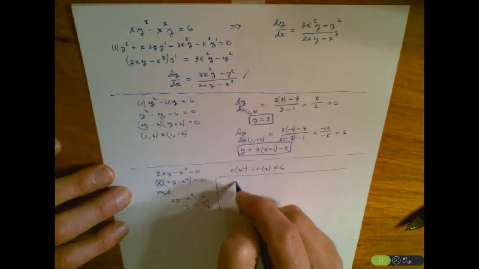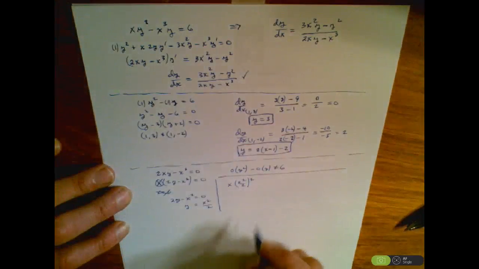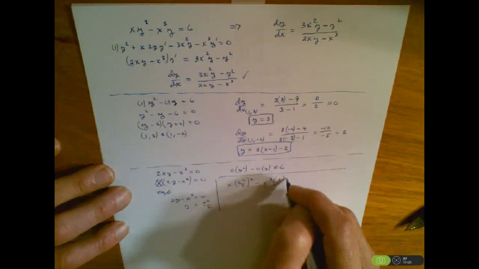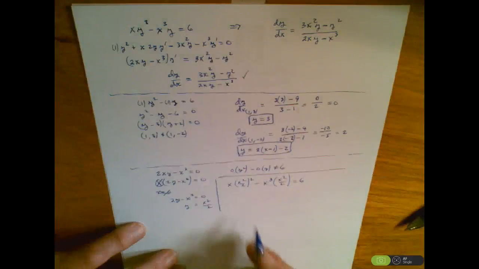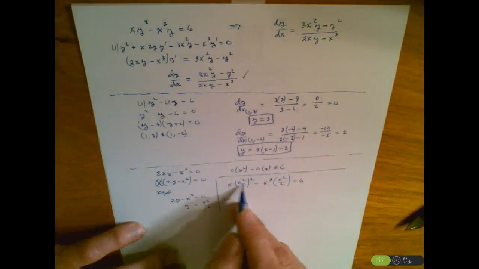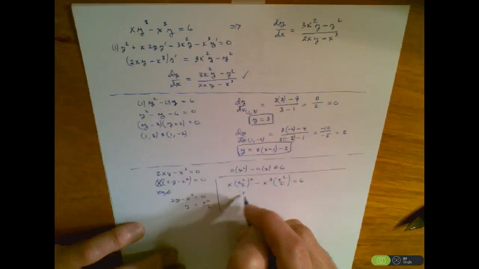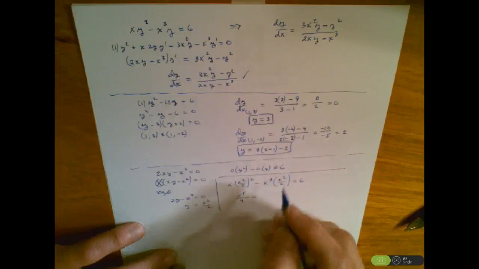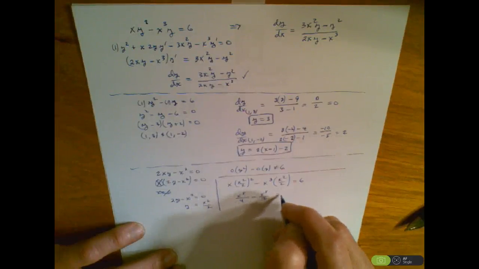And I have x times (x squared over 2) quantity squared minus x cubed times x squared over 2, and we're going to see when that equals 6. So this first expression would be x to the 4th over 4 when I square it. So times x is going to be x to the 5th over 4, minus x to the 5th over 2, and that's equal to 6.